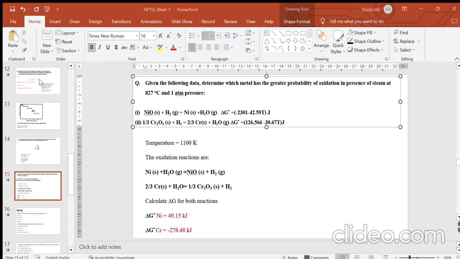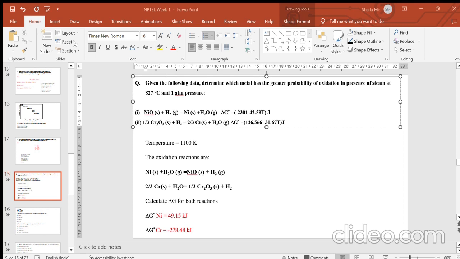The question asks that if you are producing two powders, say nickel and chromium, and in presence of some steam, which is H2O, you are producing nickel oxide or chromium oxide back, that is, you are oxidizing the metal powders. So which of these two metal powders will be converted to their oxides?